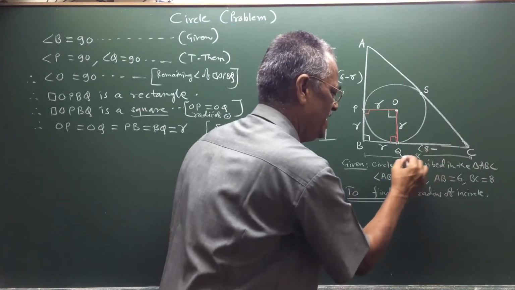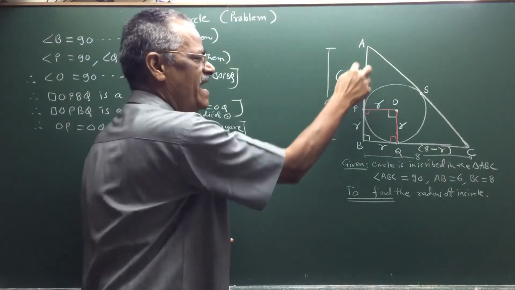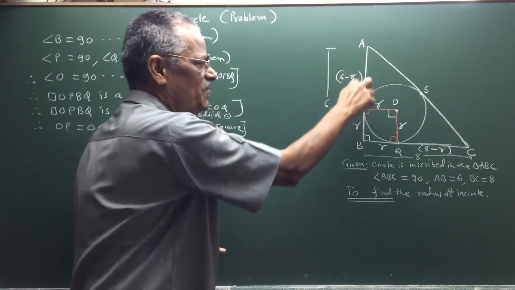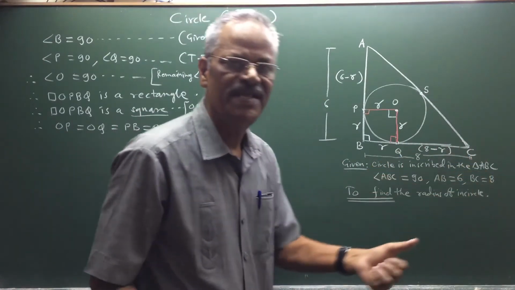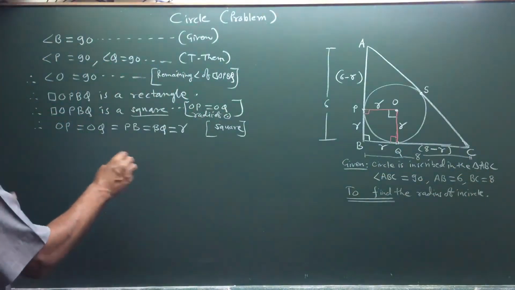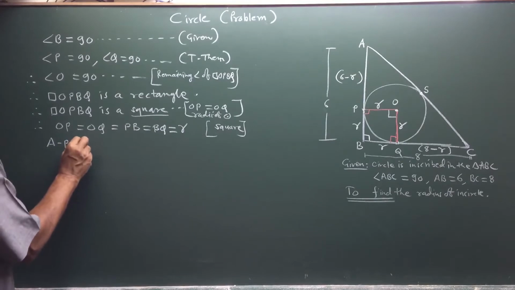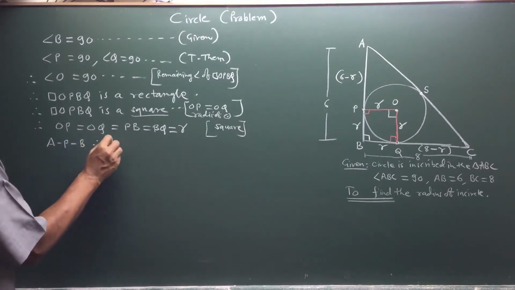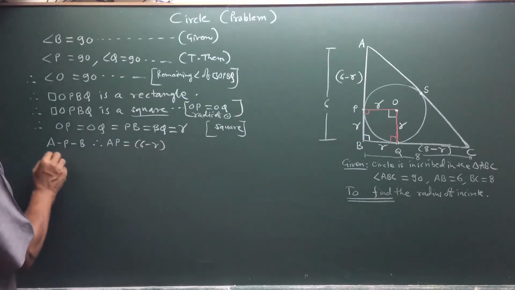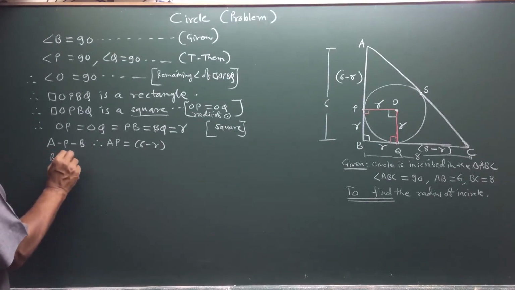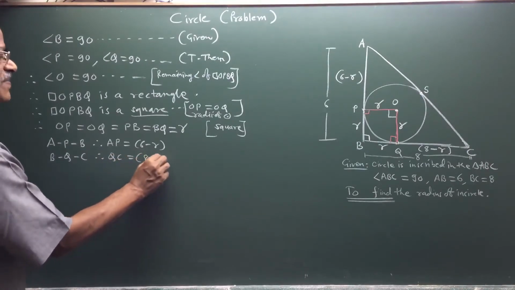It must be 8 minus R. As APB is a line, AP is equal to 6 minus R, and as BQC is a line, QC must be equal to 8 minus R.